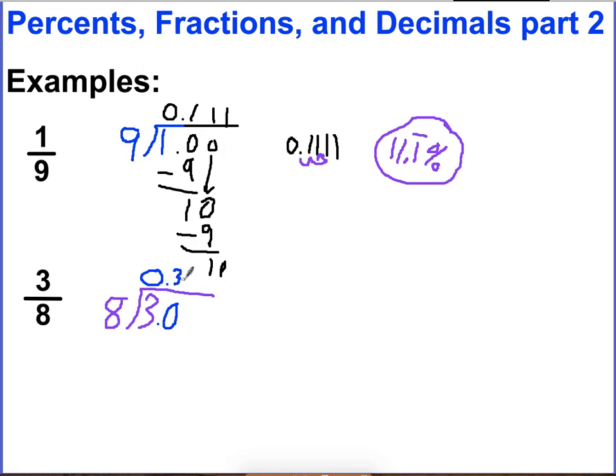You can say 4 and realize that's too much. 3 times 8 is 24. Then I get a 6. I tack on another 0 after the decimal here. How many times does 8 go into 60? It's going to be 7. 7 times 8, 56.